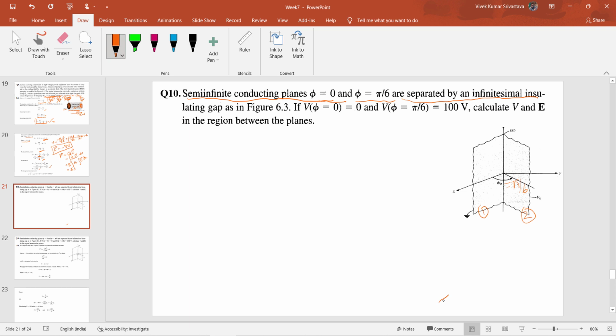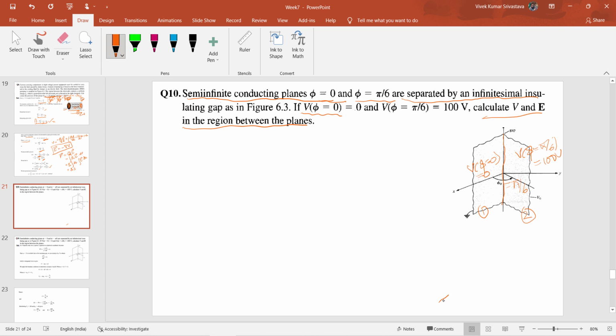So basically a small gap is present, which will separate these two plates. If V at phi equals 0, in this plane the voltage is defined as 0, and in this plane at phi equals pi by 6, the voltage is defined as 100 volt. So we have to calculate the value of V and E in the region between the planes.